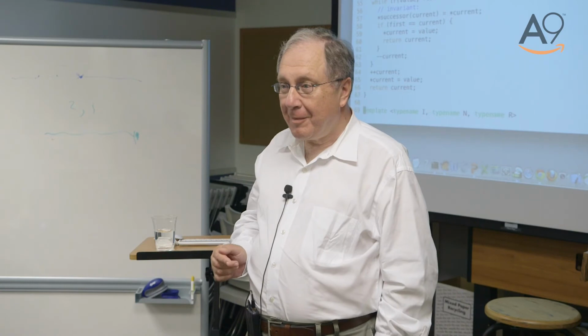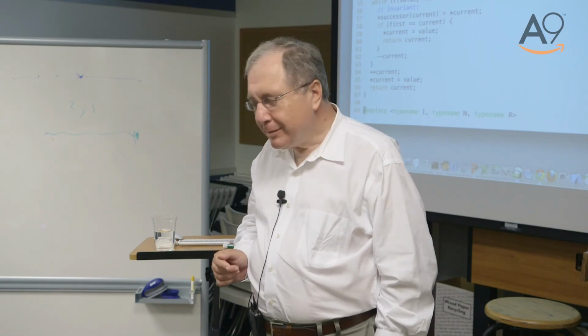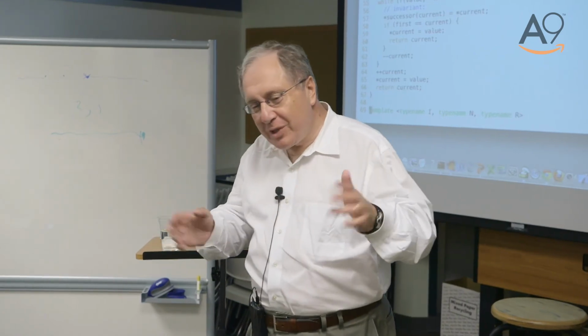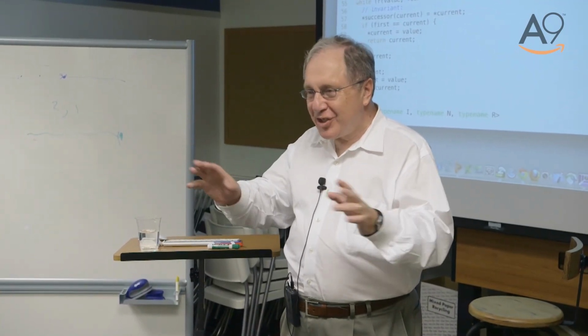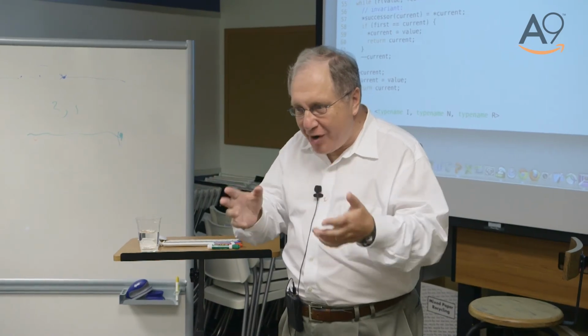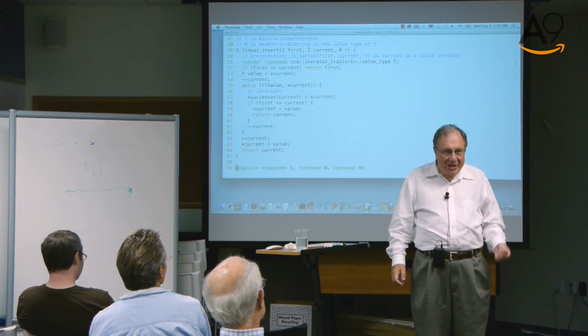So change the function name to linear insert with sentinel, and ask the caller to put it there. No, but we don't want the caller to do it. How could we do it? Just let us figure out. What if I have a sequence of n elements? Does it have a natural sentinel?